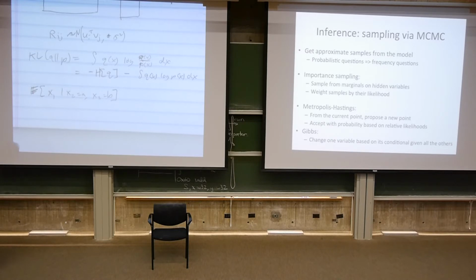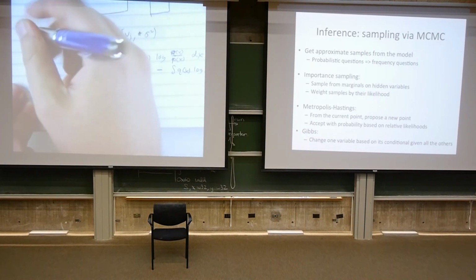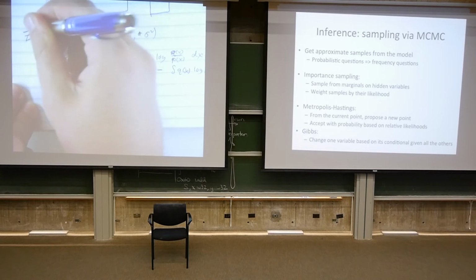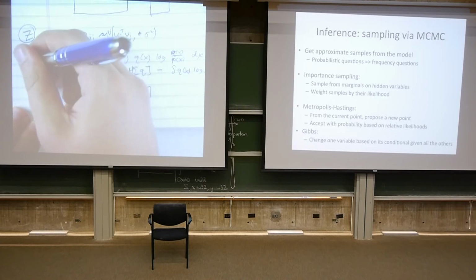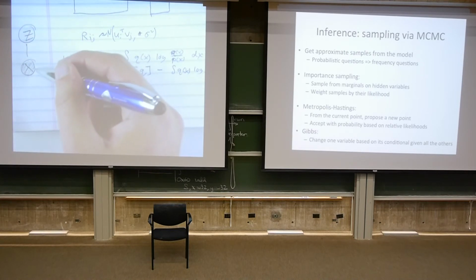So there's a couple different ways to get the samples. In low dimensions, the easiest thing to do is called importance sampling, which is, let's say we have some hidden latent variables z and observed variables x. So these are the variables that we know the values of.